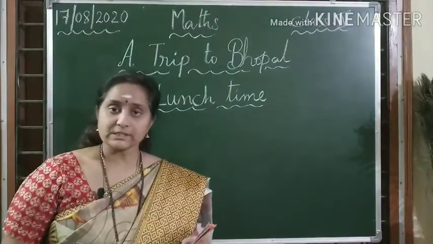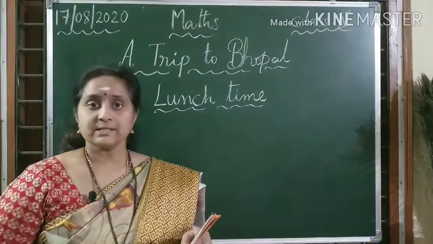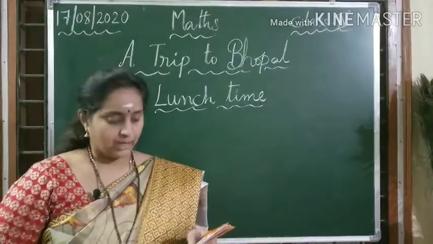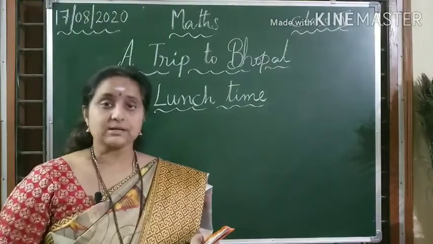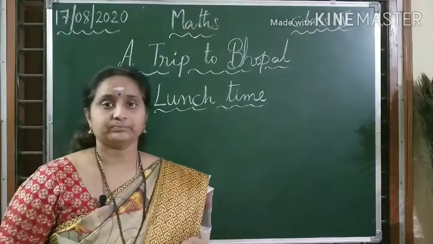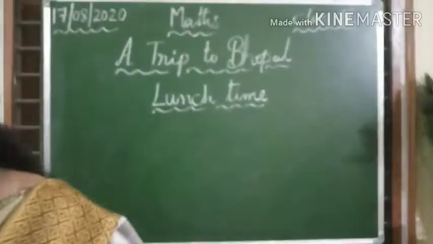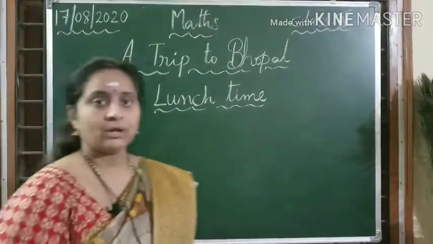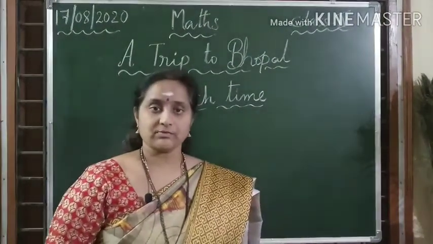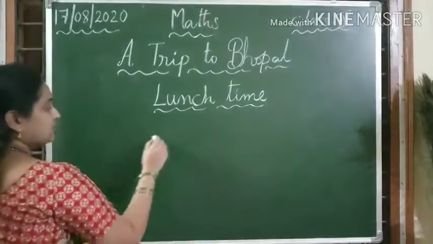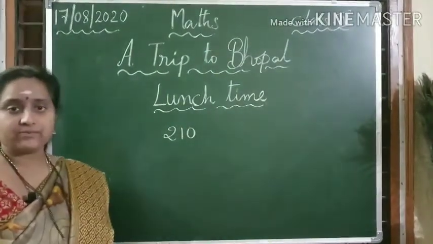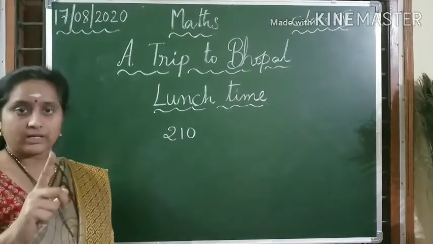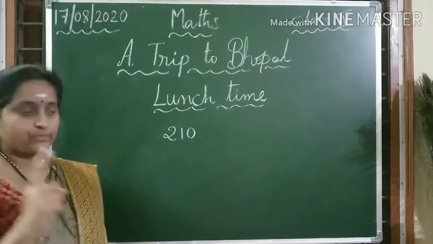Here one question is given for us. Let us do the problem. How many oranges, biscuits and bananas are distributed? We know the total strength of the school is 210. Each child is given one orange, one banana and 5 biscuits.